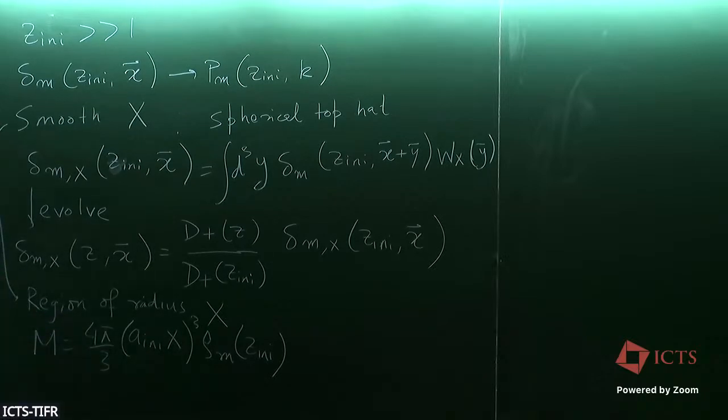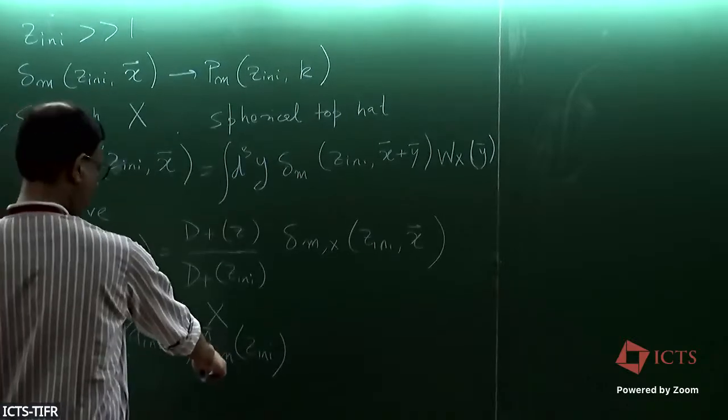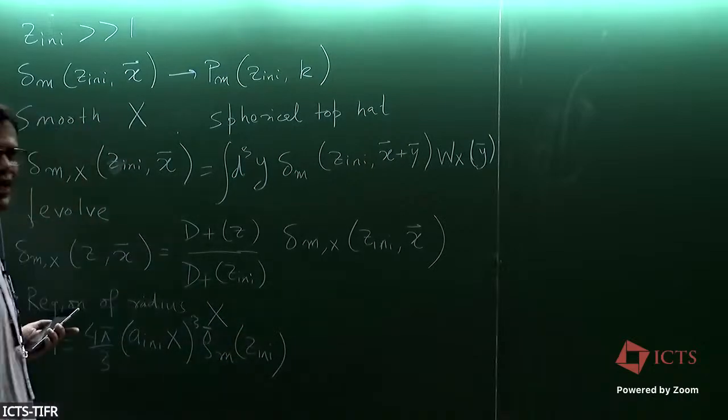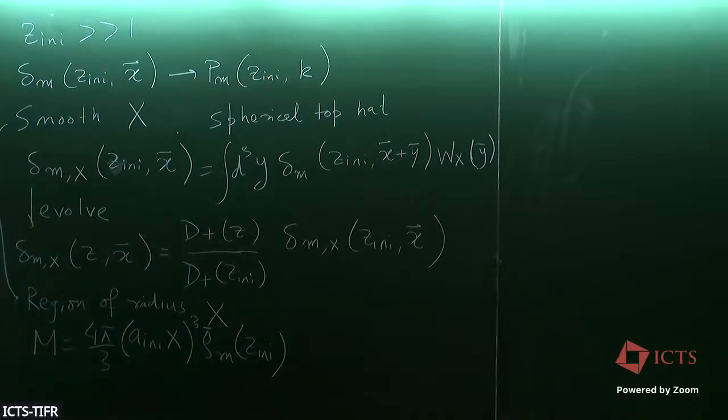But remember, I'm at very early times, so the perturbations are really, really small. So I can replace this rho matter by rho bar, okay, because that will introduce an extremely small correction. So rho m bar z initial times a initial cube, that will give you the rho m bar today. Okay, is everybody convinced?